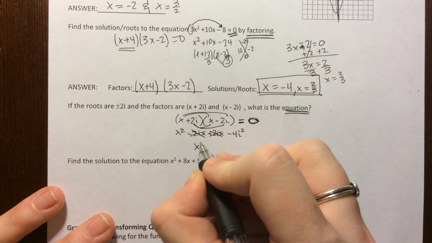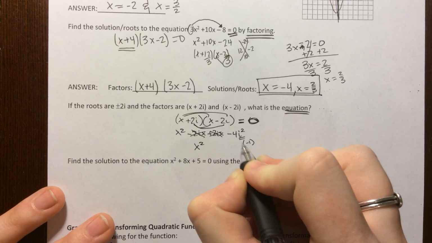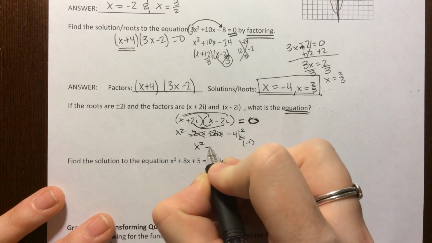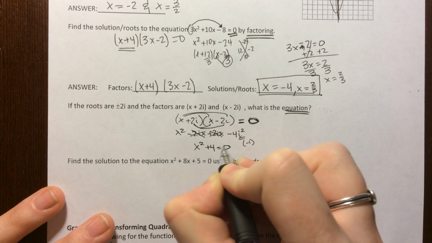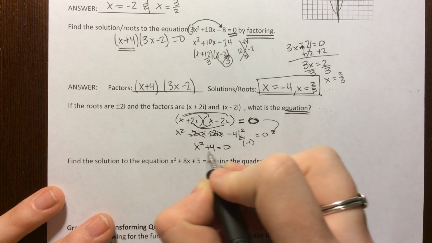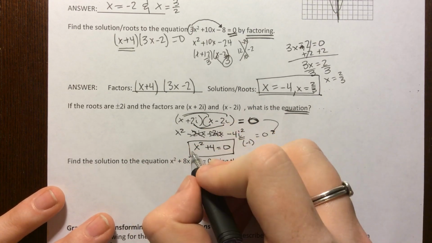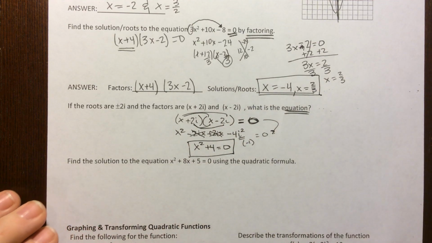So we're left with the x squared. And then i squared is always a negative 1. So a negative 4 times a negative 1 is a positive 4. And all that is equal to 0. That's our equation.